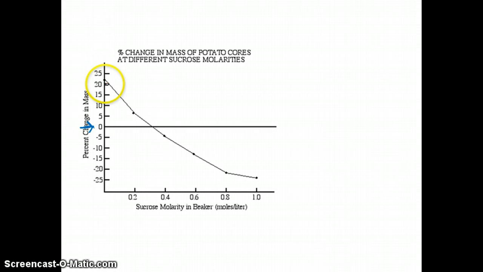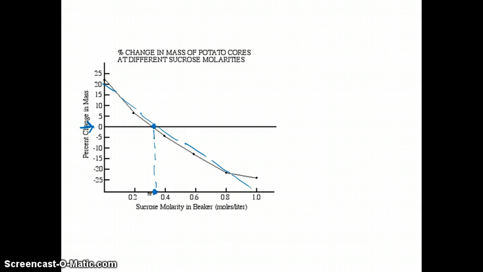If you see a graph like this, either on my test or on the AP test, you need to start thinking about a linear regression line that might look similar to this. You take that line and find where it would be at dynamic equilibrium. You go down and you might be able to find the actual concentration inside of that cell.